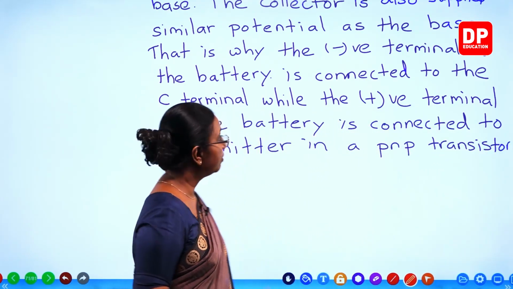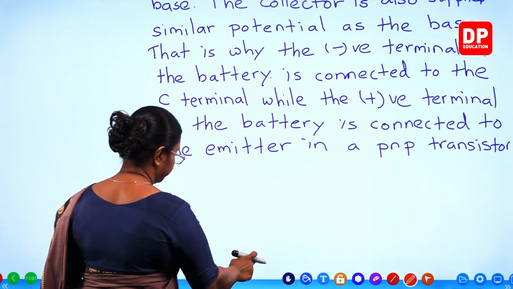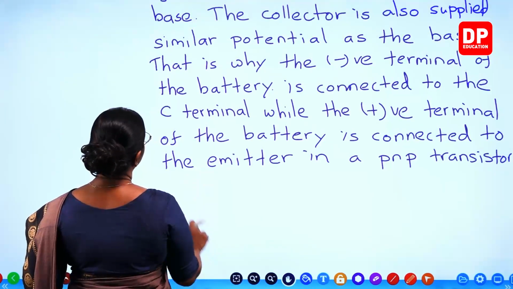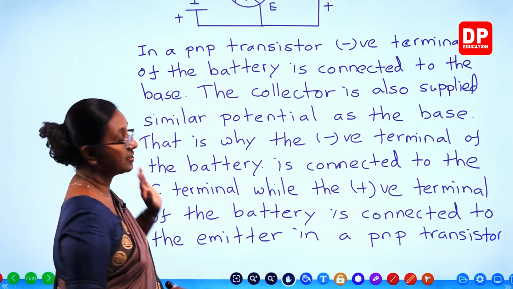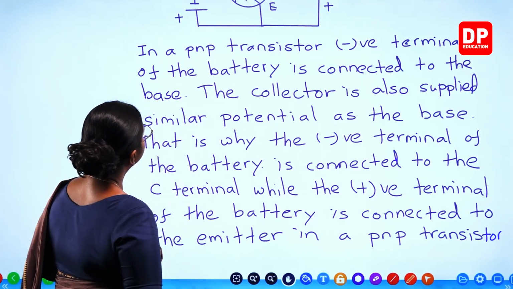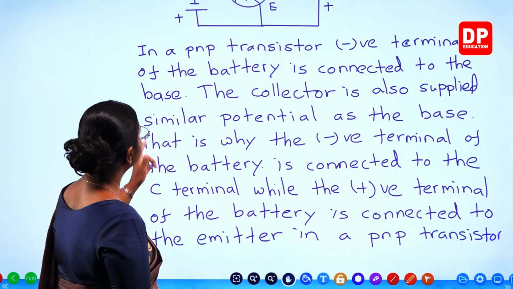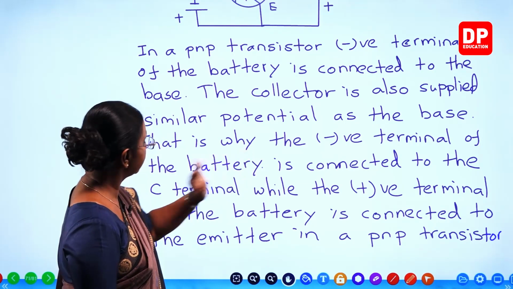So that is how we forward bias the PNP transistor. Then I will quickly read that also for you all, what I have explained in the diagram. In a PNP transistor, negative terminal of the battery is connected to the base. The collector is also supplied similar potential as the base.